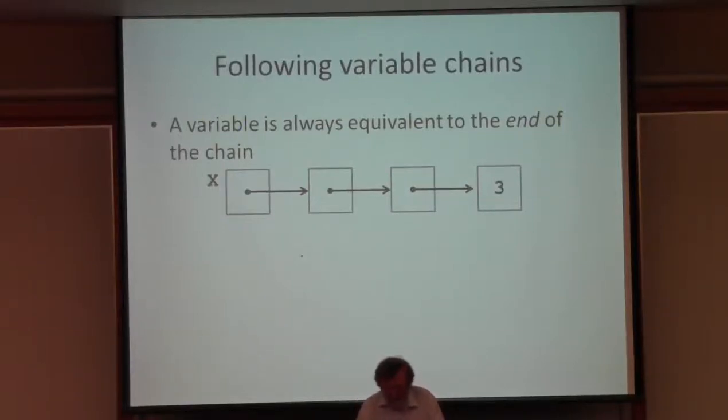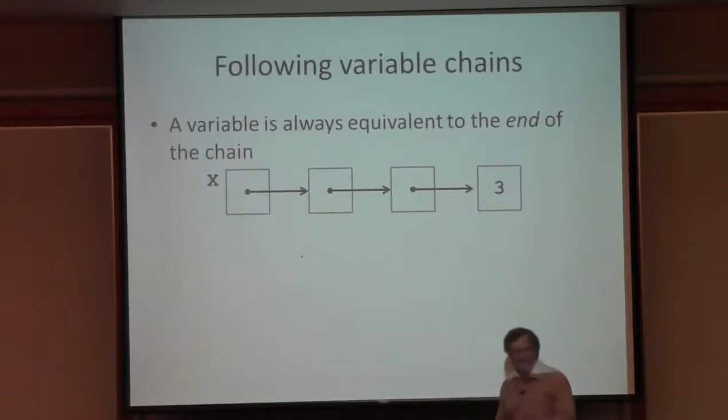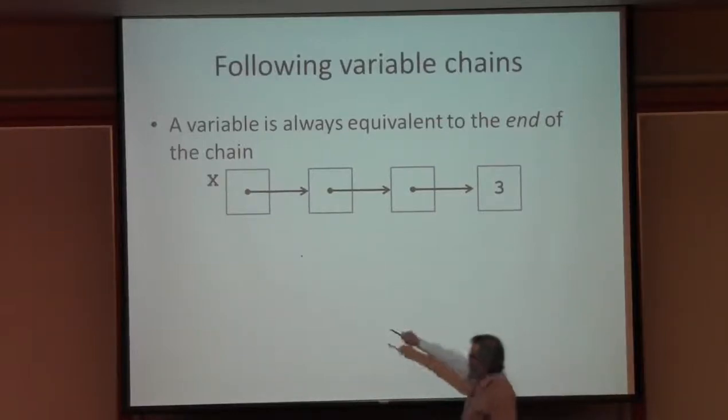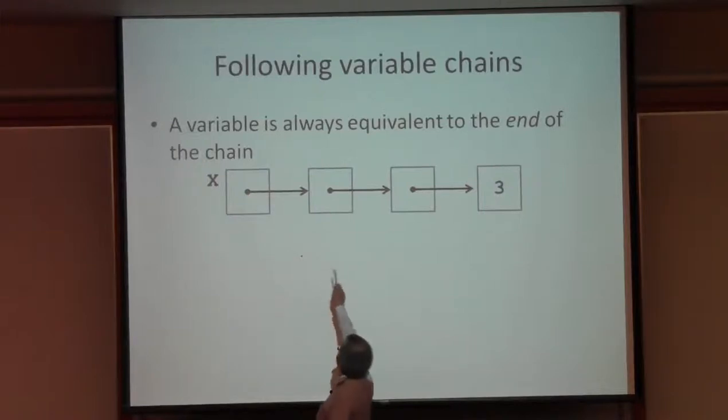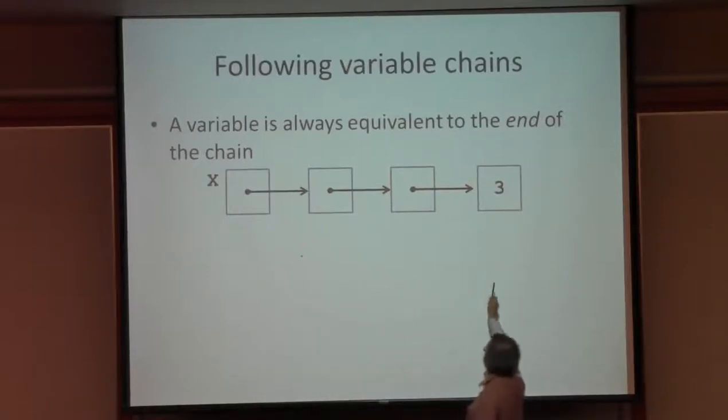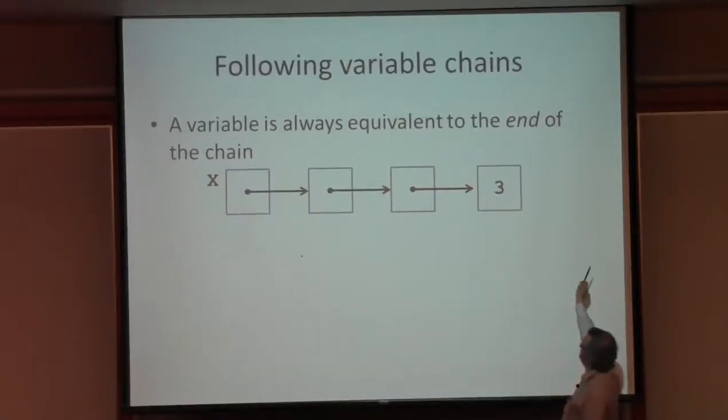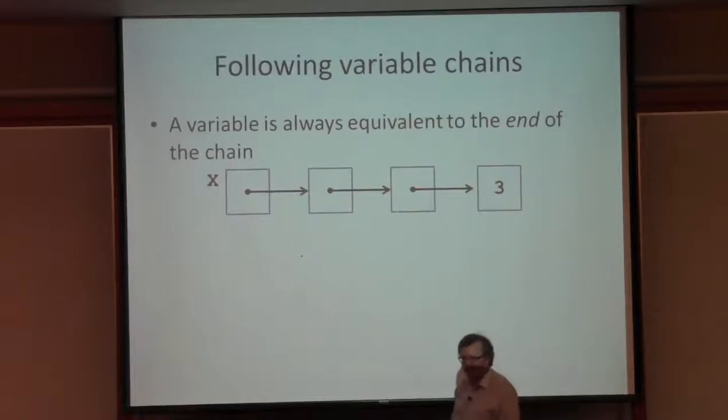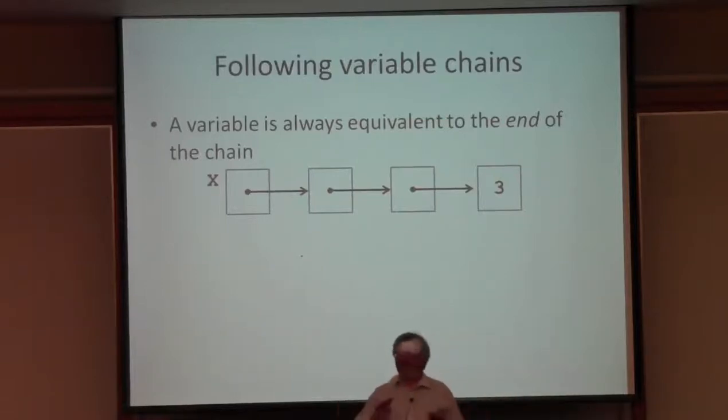When I use variables, I'm going to have to be careful to follow these variable chains. As a Prolog program runs, variables acquire values. They become instantiated. And since one variable can be instantiated to point to another, and that one can later be instantiated to point to yet another, we can end up with long chains of things. And if there is a chain like this, then we're supposed to treat x as in every way equivalent to 3.